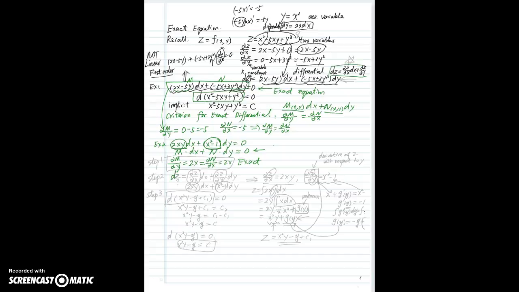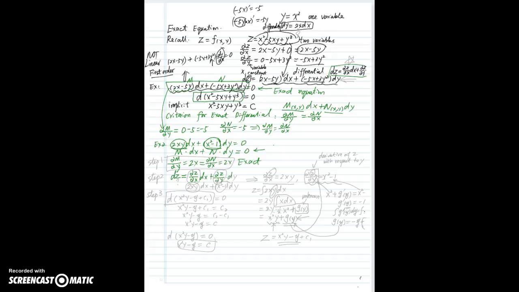So now we need to figure out what this z function is. It's sort of like doing an antiderivative. So we look at the first partial differential equation. We try to figure out part of z. We may not be able to figure out z in one step.